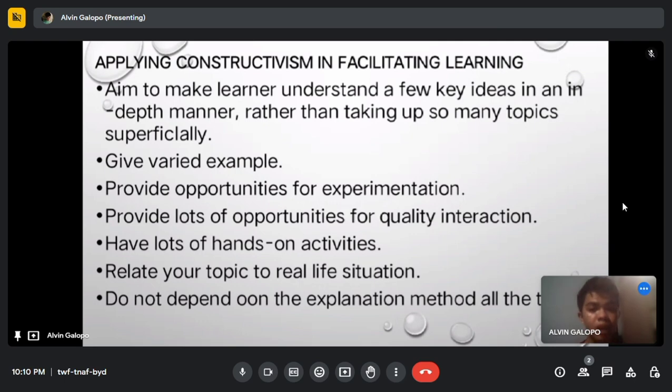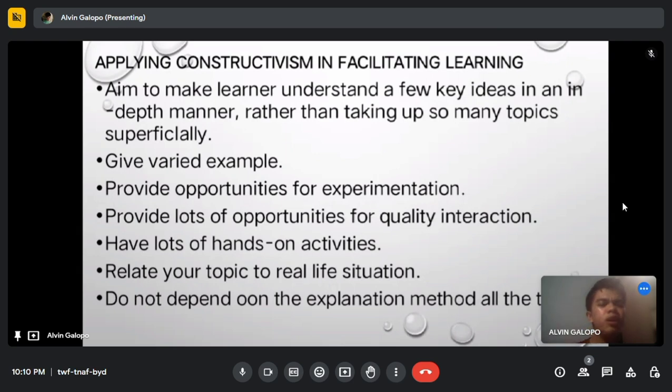Providing such opportunities will allow our students to interact with one another, and in that way they can share their perspectives, their ideas, what they have learned, and what they have constructed in our lessons.